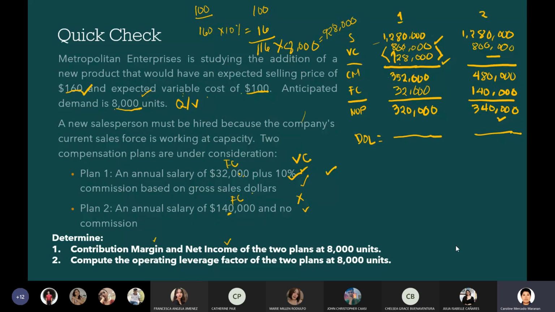Nathaniel Quadrante. Hello? Ay, wala pala nasa taas pala. Sorry, mali ang tinitingnan ko. Edward Joseph Letrero.